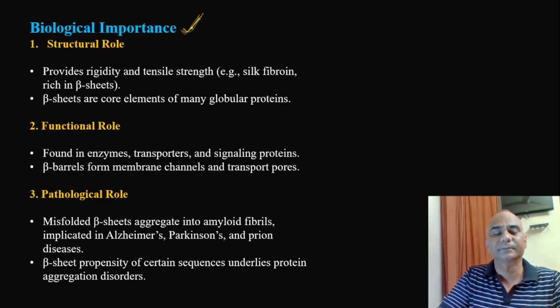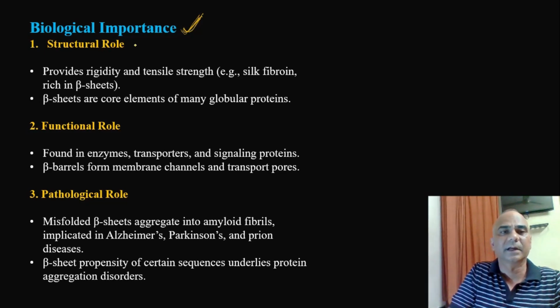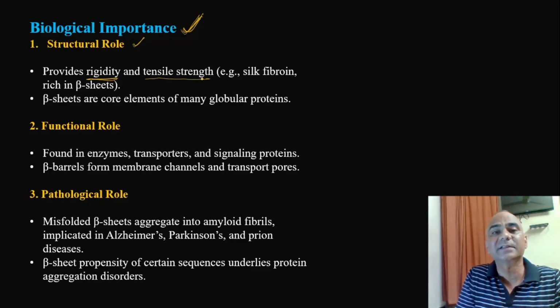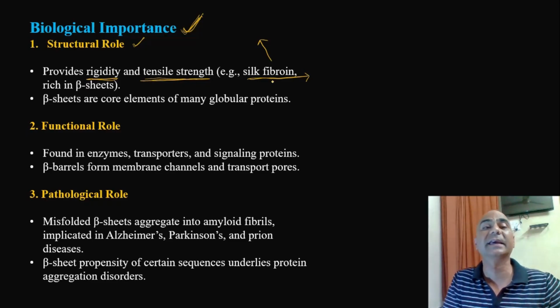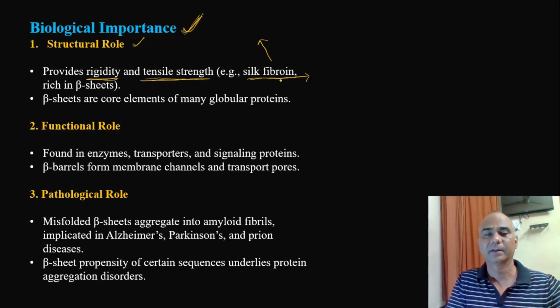And these are the biological importance of the beta pleated sheet. I will just read out these points. The structural role. What is the structural role? It provides rigidity to the protein and tensile strength. It makes it strong, durable. Just like silk fibroin. Whenever it is asked in the examination which kind of secondary structure is found in silk fibroin, you can say the beta pleated sheet.